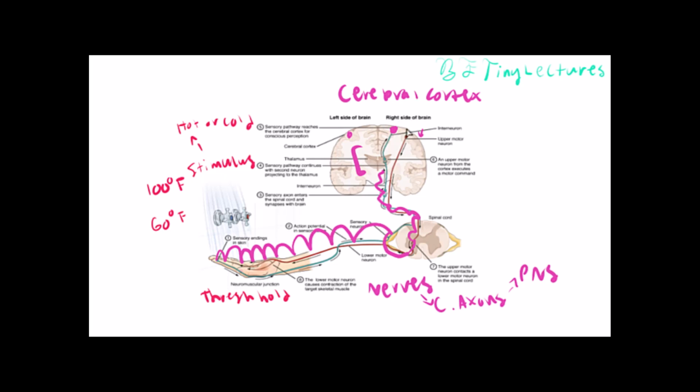So now the information goes from the cerebral cortex into the tract. Now we're going to use a different color. It's going to propagate around here, and it executes a motor command, moving my hand to turn the knob to increase the water temperature. It's going to go down into the spinal cord, from the white matter into the gray matter, and from the gray matter into the white matter, and it's going to go down to the what?